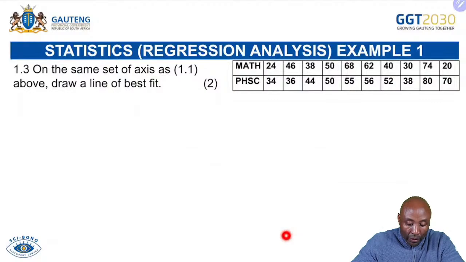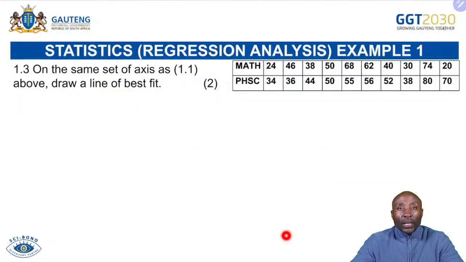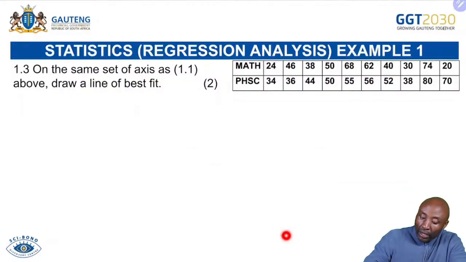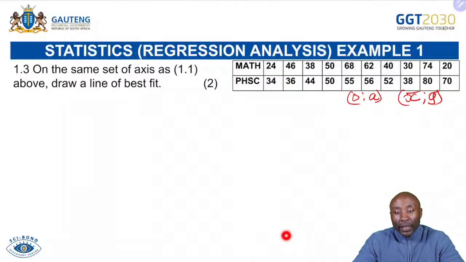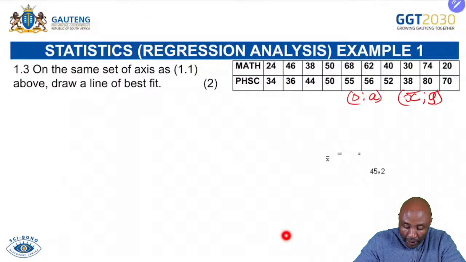We are supposed to draw the line of best fit. Now, I indicated that for us to draw a line of best fit, we need a y-intercept as well as, and we said the y-intercept is the point where we have our 0 and A, and we also need our point for the mean for the x and the mean for the y, then we join the points.